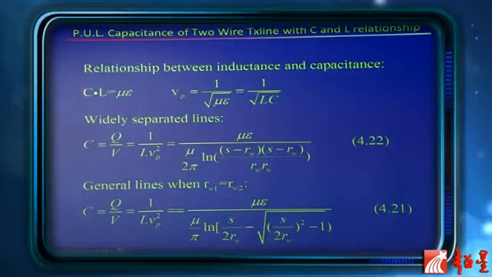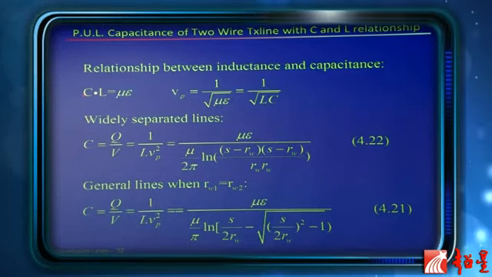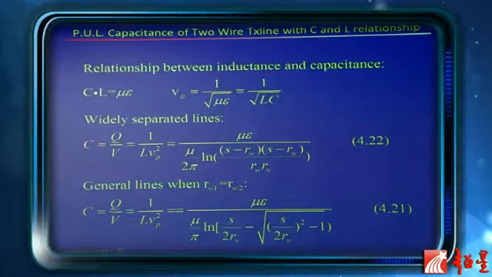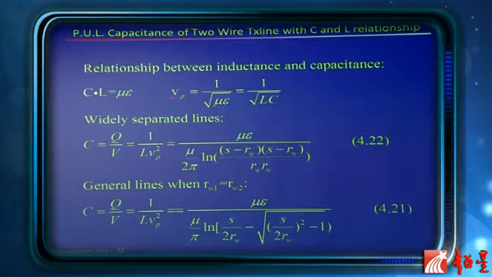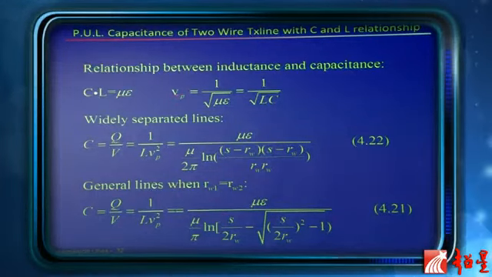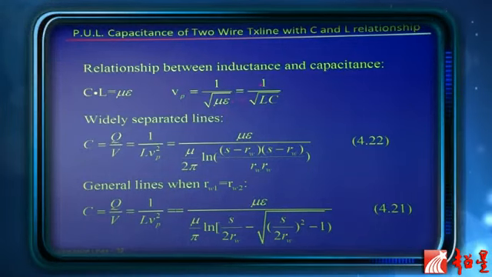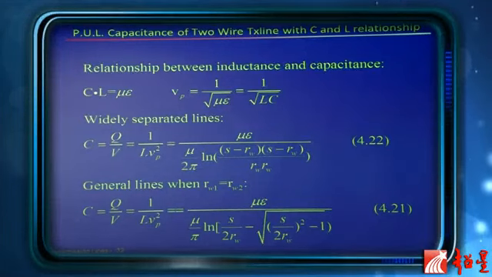Okay, so it turned out that this per unit length capacitance multiplied by per unit length inductance is equal to mu times epsilon. Okay, and the speed of propagation is equal to 1 over square root of mu epsilon, or 1 over square root of LC.